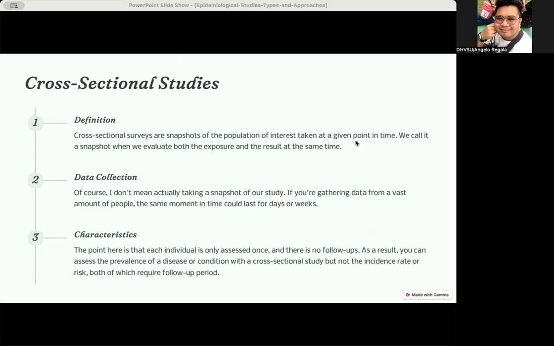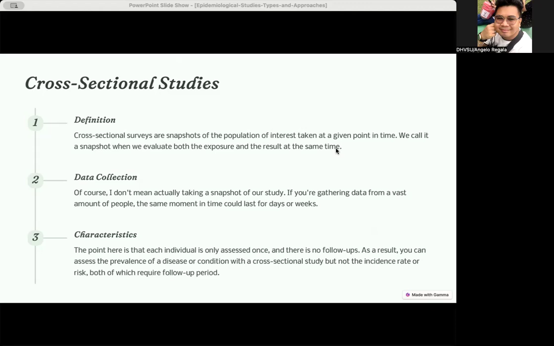Okay, so participants in a cross-sectional study are selected based on the inclusion and exclusion criteria set for that particular study. So you have your guidelines, who will be the participants of the study, who will be included, who are not included.